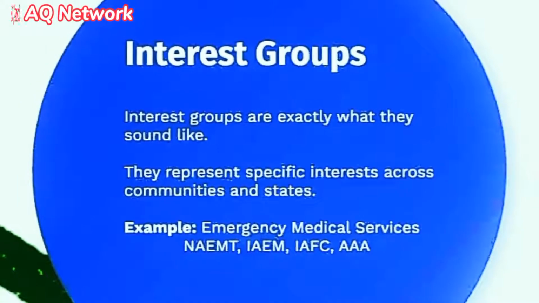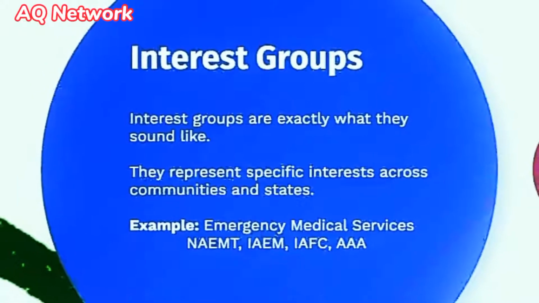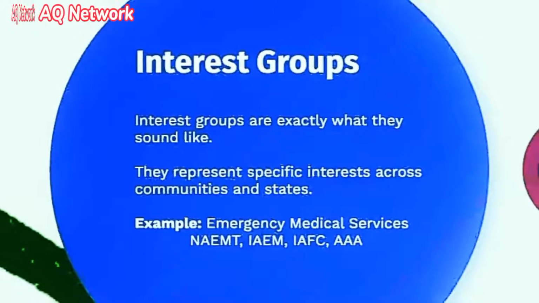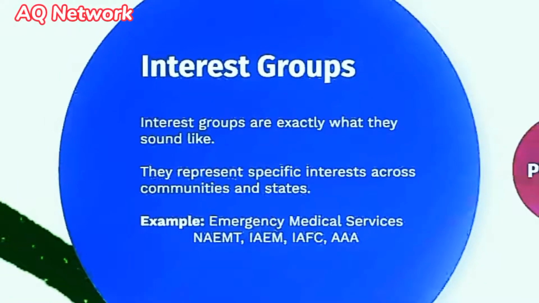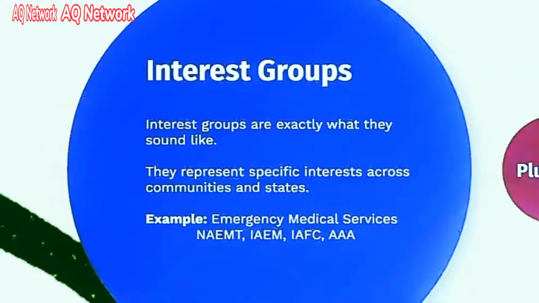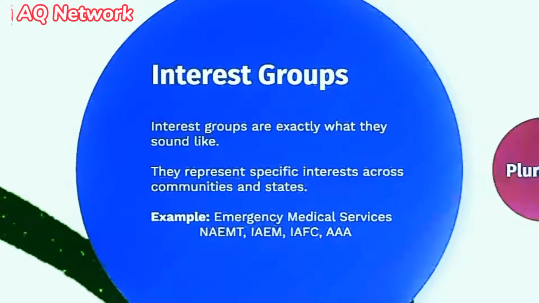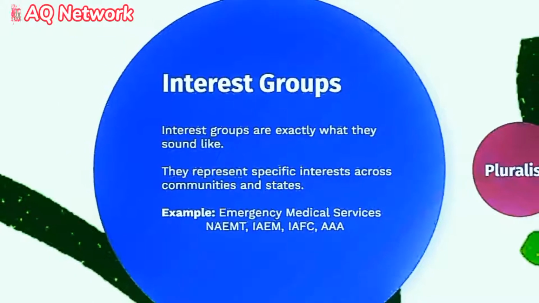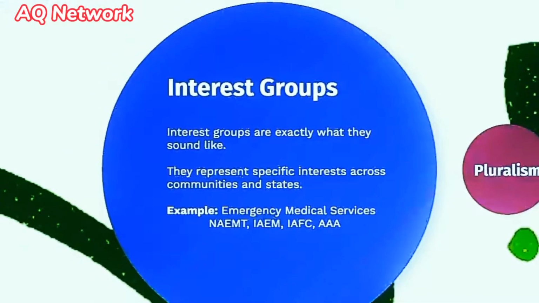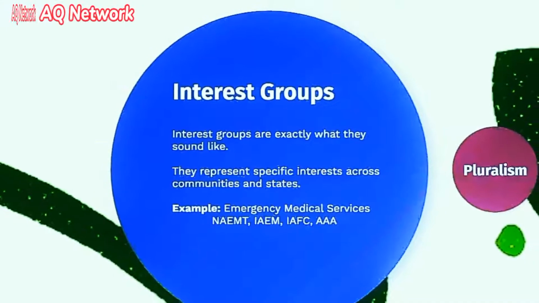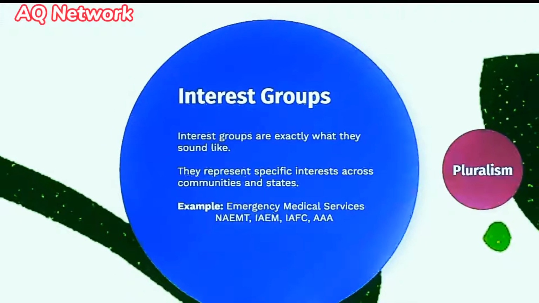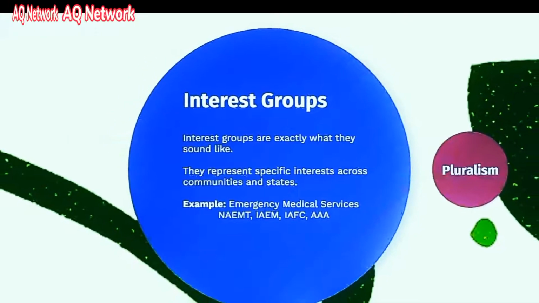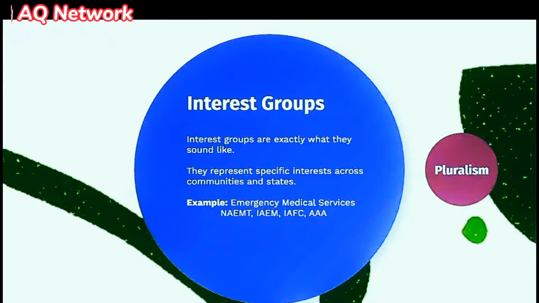A lot of times they will bring up bills or they will support bills to help get these new ideas moving through Congress. Pluralism is a scholarly term used for all of these interest groups coming together and sometimes working together to get these ideas through, or they argue and push their way to the top of the surface where only a few interest groups will work that concept through Congress as a bill.